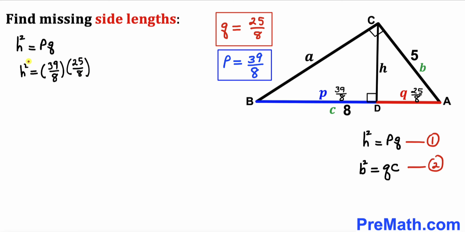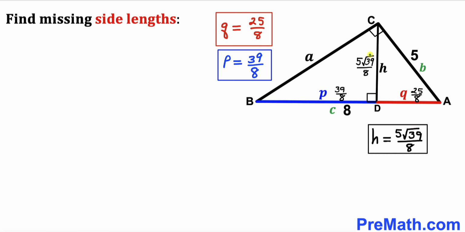Let me undo this square by taking a square root on both sides. So on the left hand side we got lowercase h, which is going to be equal to 5 times the square root of 39 divided by 8. So thus our lowercase h value turns out to be 5 times square root of 39 divided by 8, as you can see over here.